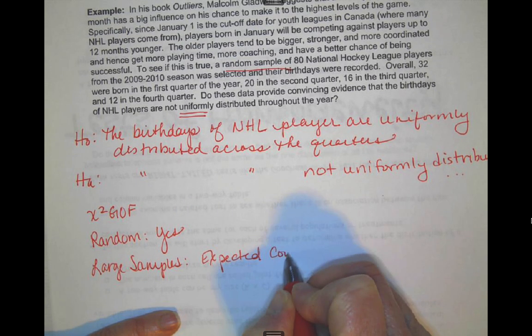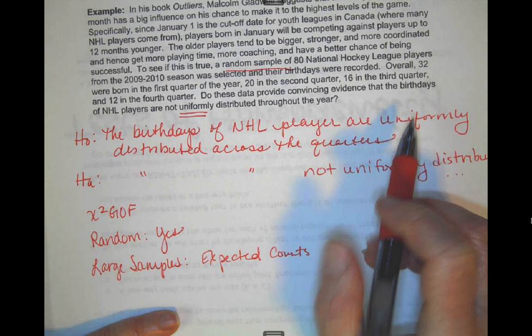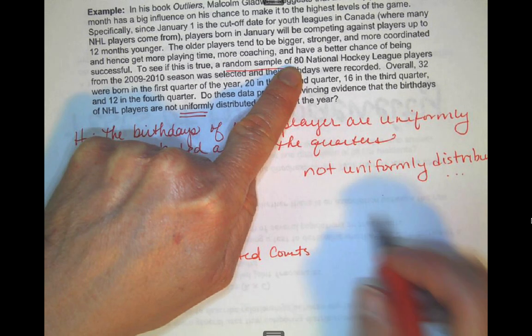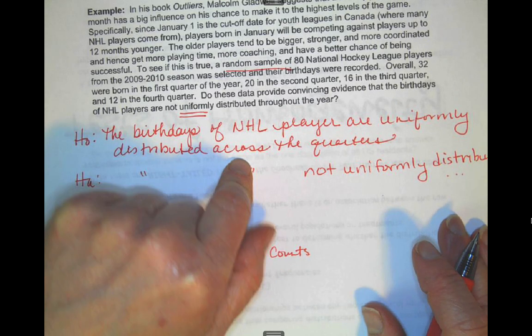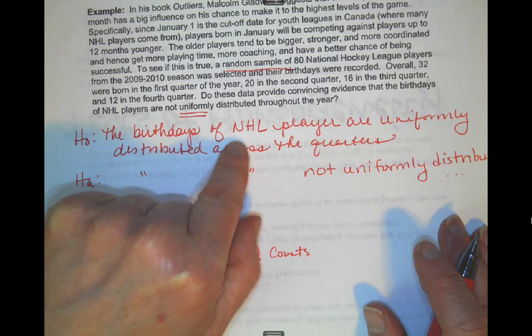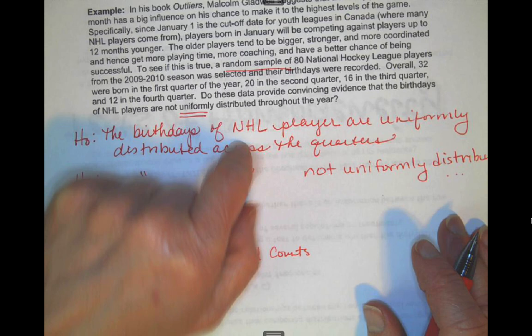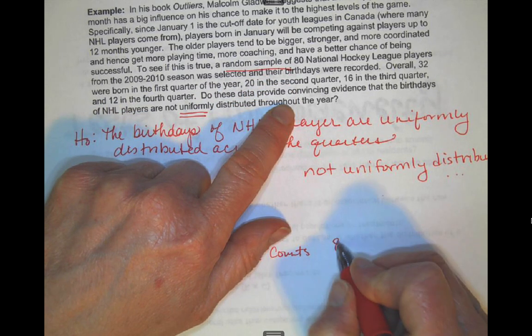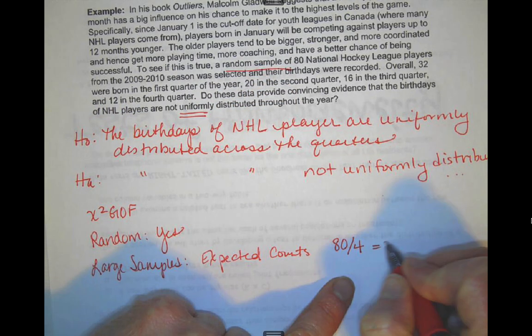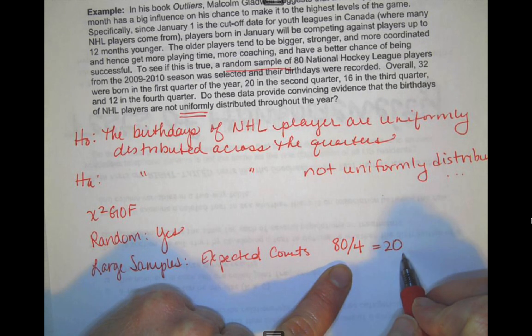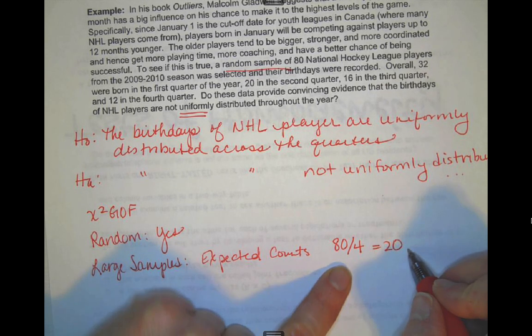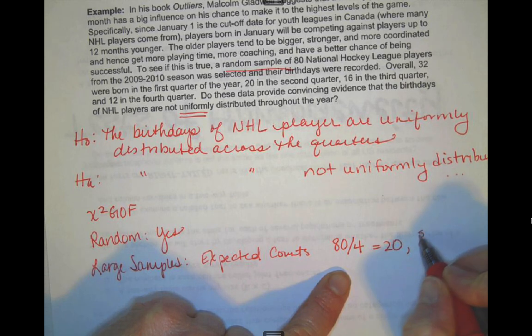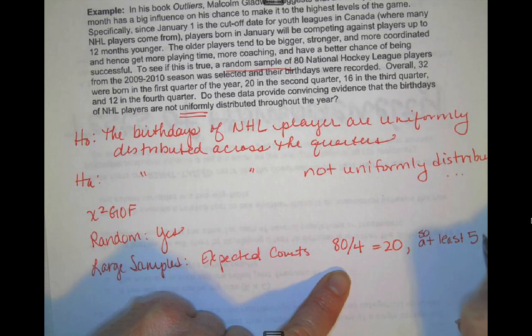So basically, my null hypothesis, remember I find the expected counts assuming the null hypothesis is true. So I take that 80 and I'd have to split it up amongst the 4 quarters. So there's 20 in each quarter, so those are at least 5, so my condition's been met then.